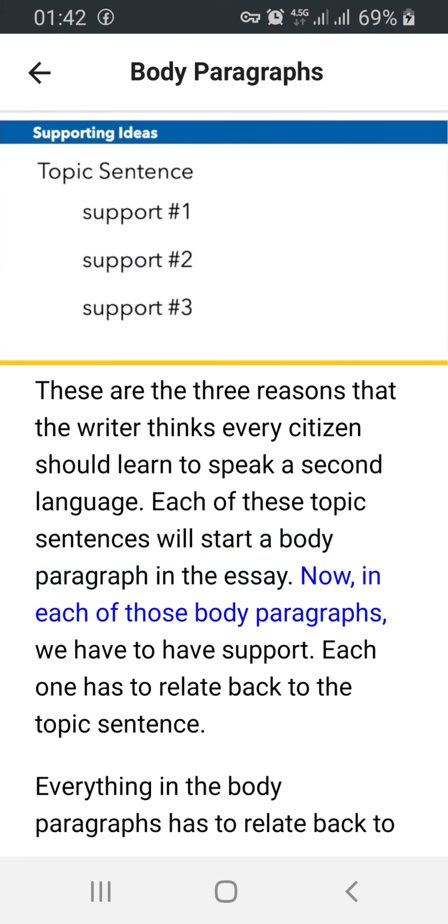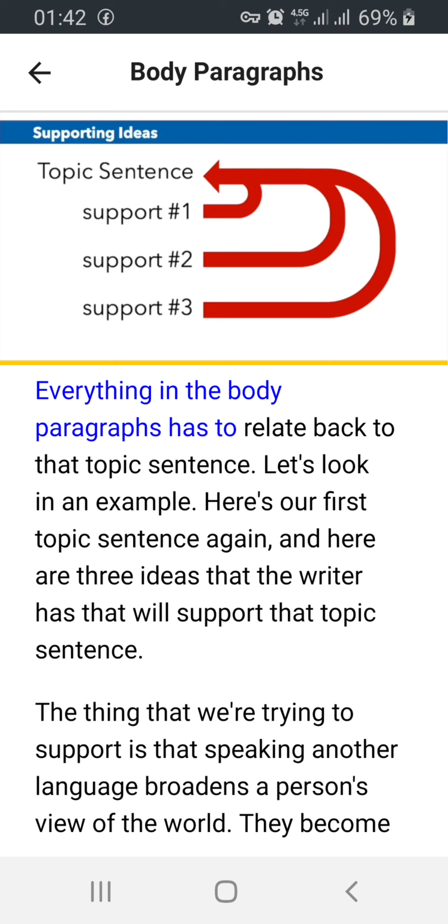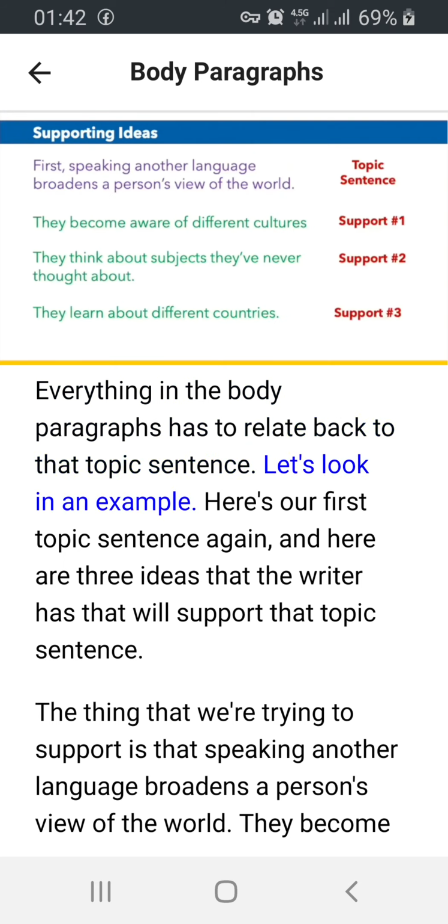Now, in each of those body paragraphs, we have to have support. Each one has to relate back to the topic sentence. Everything in the body paragraphs has to relate back to that topic sentence. Let's look at an example. So here's our first topic sentence again, and here are three ideas that the writer has that will support that topic sentence.